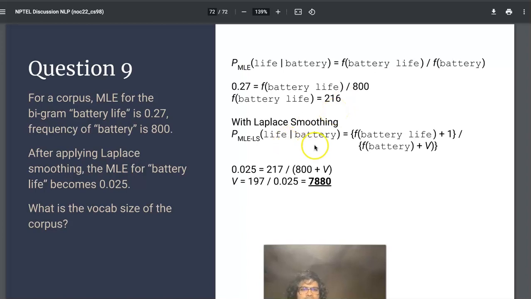Now you are using the Laplace smoothing: the frequency of battery life plus 1 by battery life plus V, and this new value is 0.25. If you go with this equation, you will find the vocabulary size will be 7880.